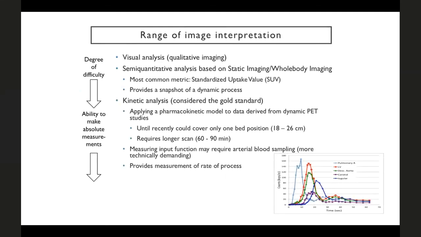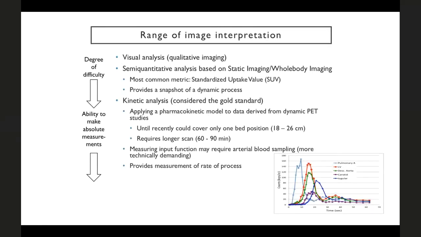So as I mentioned, at one end of the approaches is a visual analysis. The next degree of difficulty is to try to do something quantitative. If you use the standardized uptake value, people refer to that as being semi-quantitative, and we'll talk about that in a little bit more detail.